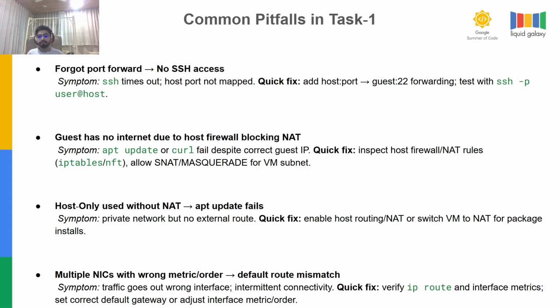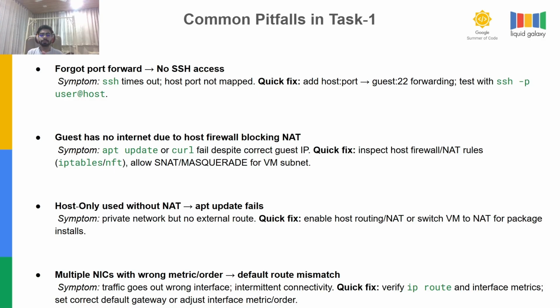The third issue is host only network used without NAT. Again, if you are just connecting to your LG1, a lot of people had the issue that LG1 works, but sometimes LG2 or 3 don't work. It's just a blank screen, a black screen, or it does not sync at all. This happens because there was something wrong with your NAT network.